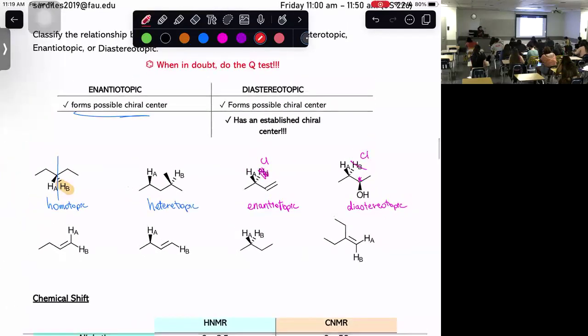Now we have 4 more molecules, so I'm going to give you 3 more minutes to solve them on your own, and then you have to be precise: homotopic, heterotopic, enantiotopic, or diastereotopic.